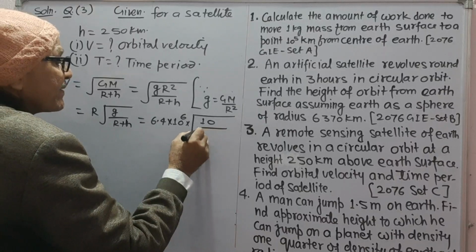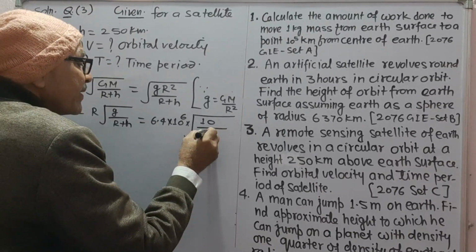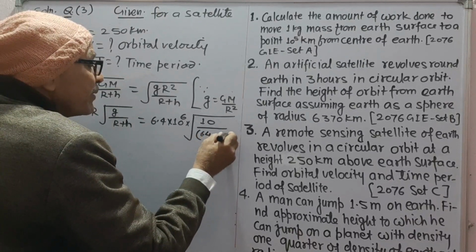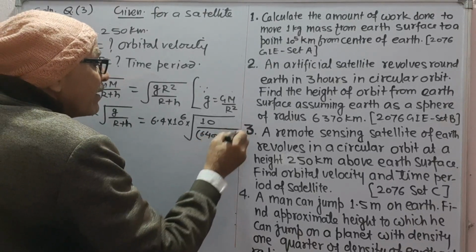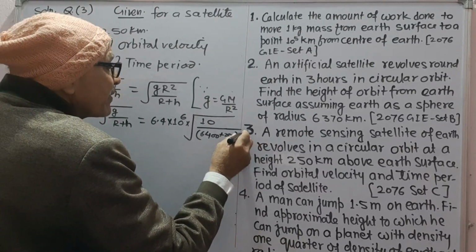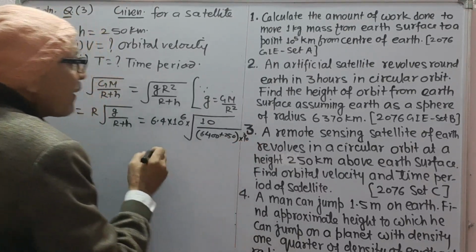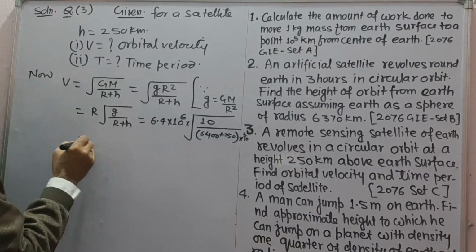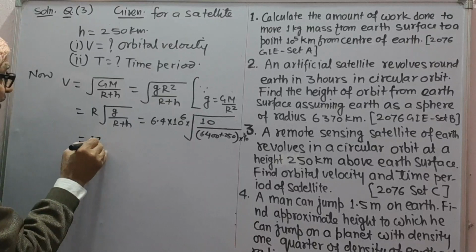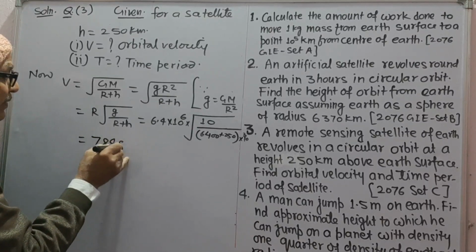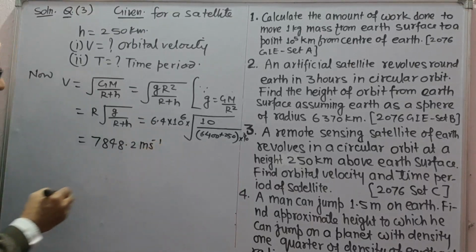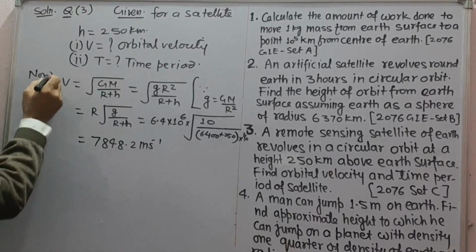R plus h is 6400 plus 250 into 10 to power 3. On simplification, we get velocity of satellite as 7848.2 meter per second.